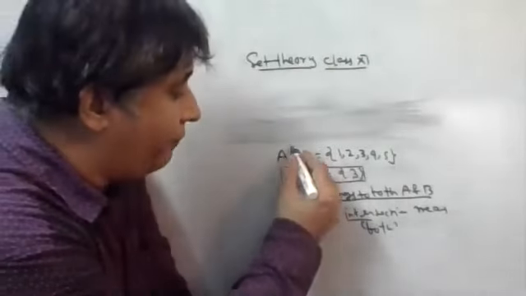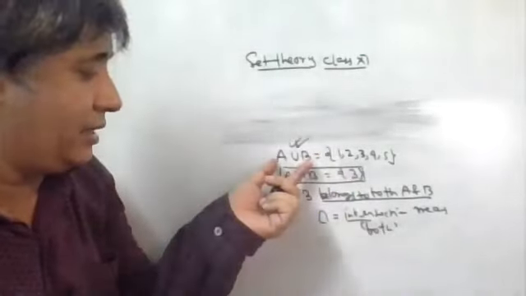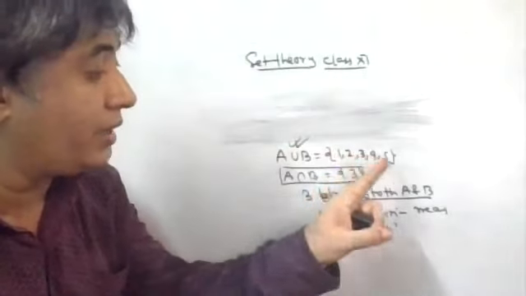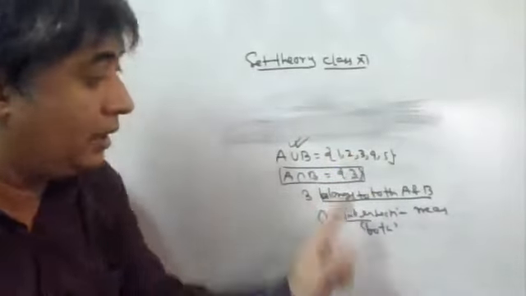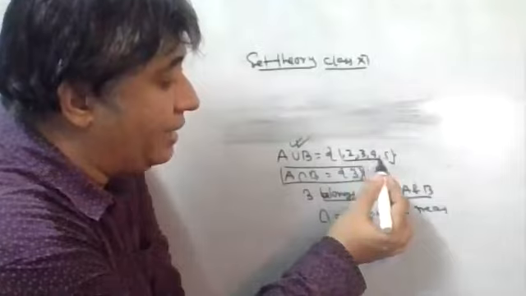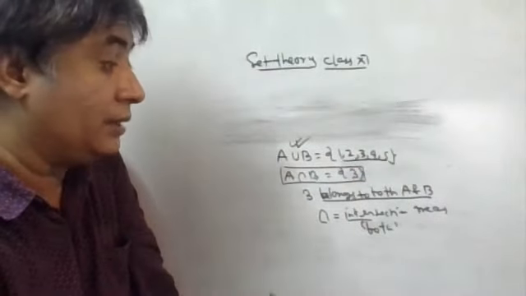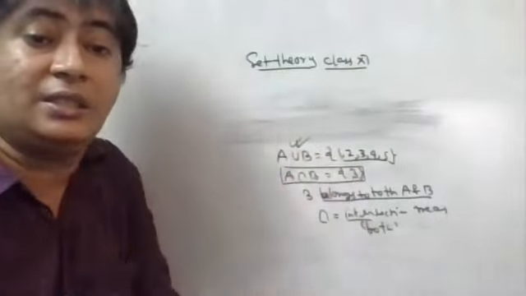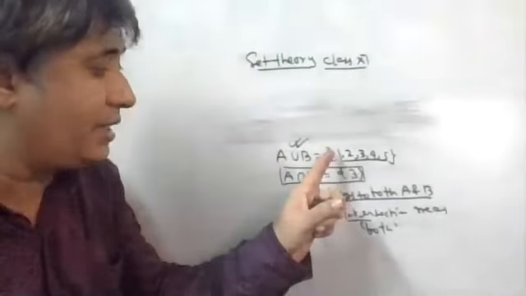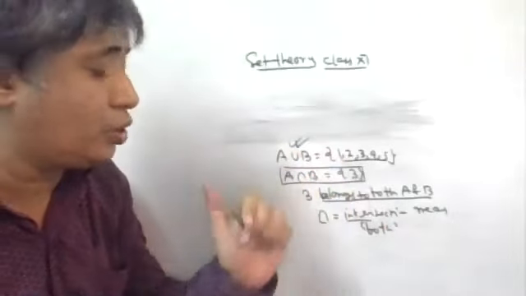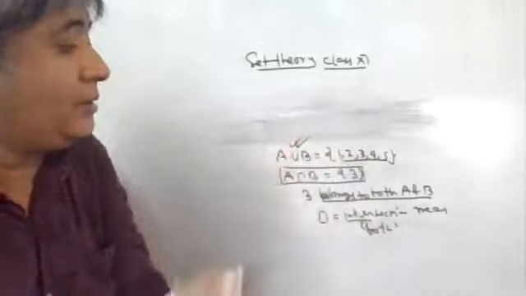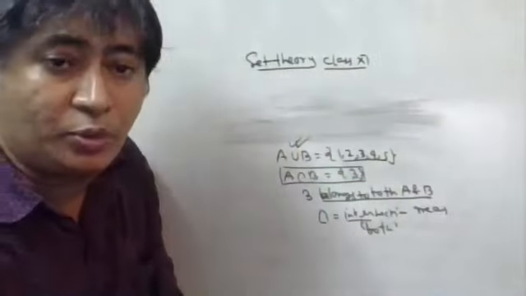But see, if you are provided with the set A union B, which contains 5 elements, can you tell which element belongs to which set? Can you say that 1 belongs to A or 2 belongs to B? We can't say, because the sets A and B are removed.